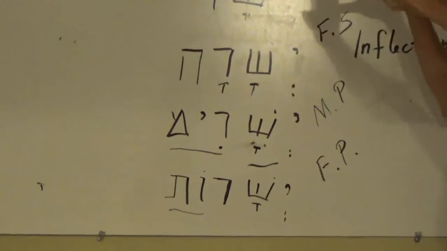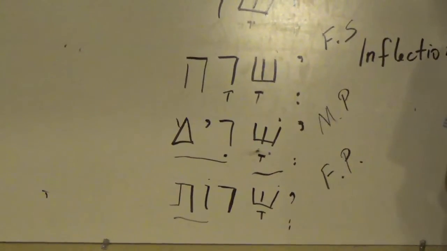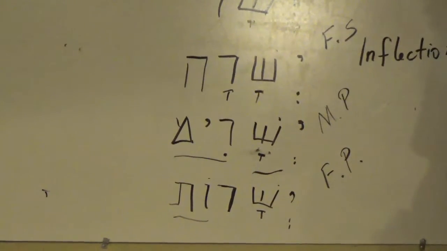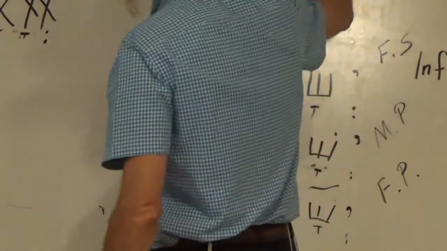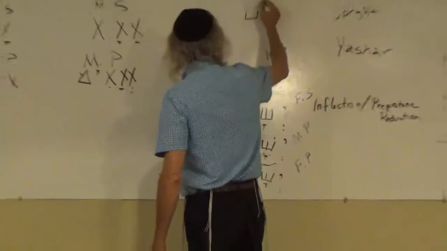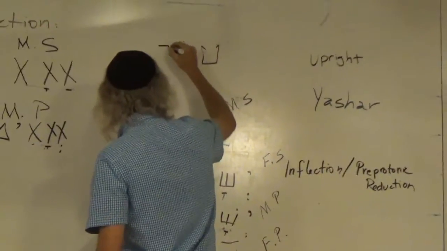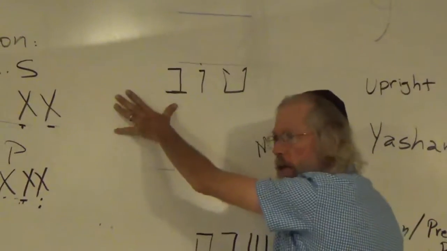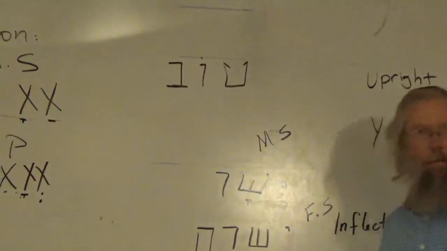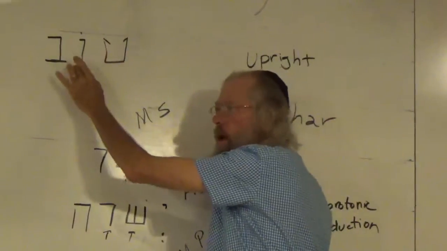So there are some forms. What I'm showing you here is that there are some adjectives, like tov, where the root does not change. The only inflection is that I add on endings. The root itself always stays the same. This vowel always stays the same.